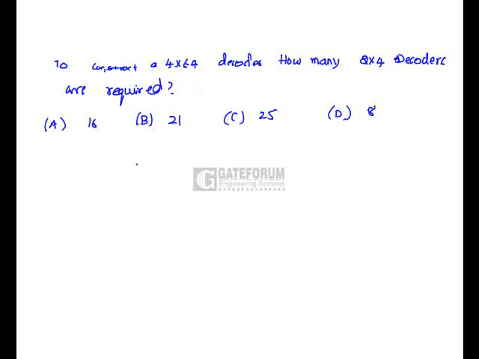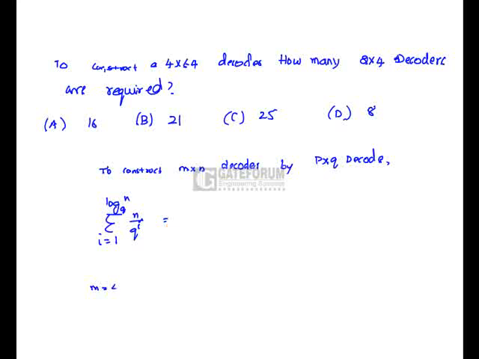To construct an M by N decoder using P by Q decoders, we require the summation for I equals 1 to log base Q of N, of N divided by Q power I. Here N is equal to 64 and P equals 2, Q equals 4.